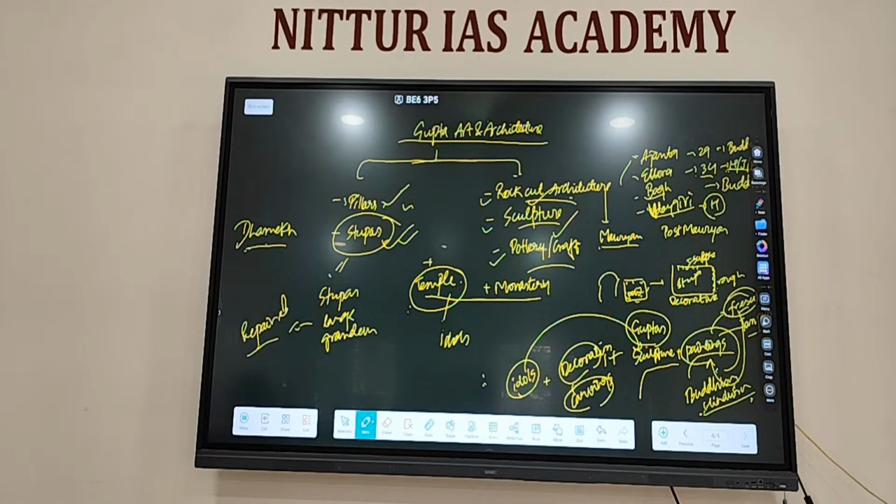Next, you write on the second one, Bagh caves, B-A-G-H. Don't write painting; write Bagh caves. We will discuss Ellora in the paper as well.